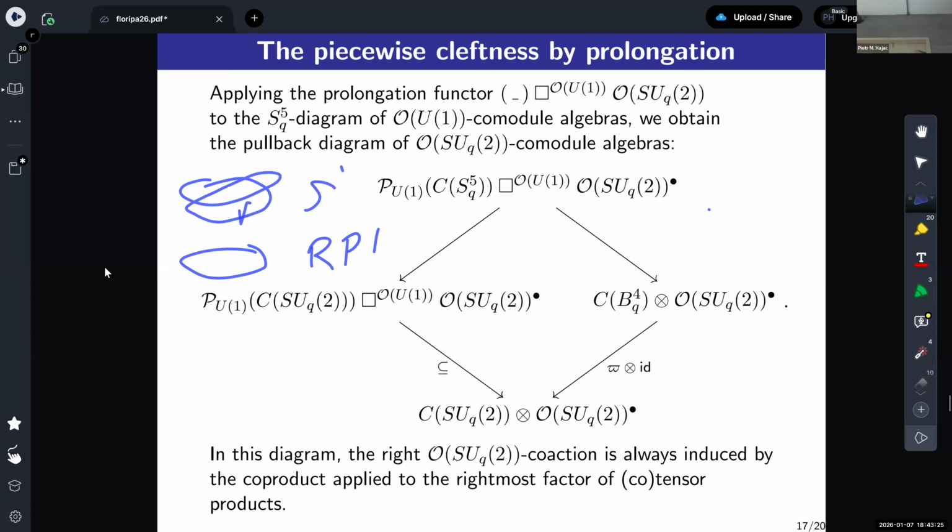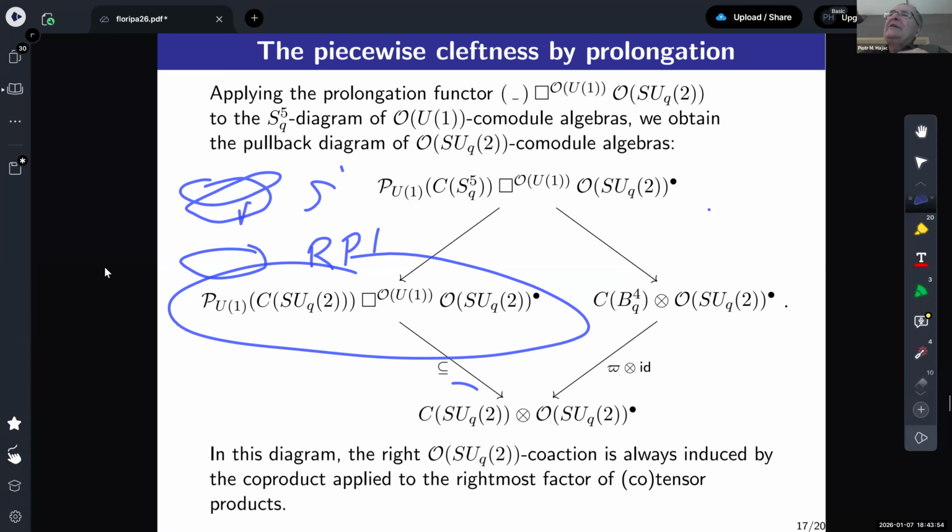And it works exactly the same way for compact quantum groups. It's just that you have to apply the coproduct instead of multiplication. So that's the trick that we are using over here to guarantee that both legs are cleft. Here there's no problem. This is actually more than cleft. It's trivial. It's just the plain tensor product. It couldn't be more trivial. This is the most trivial bundle.